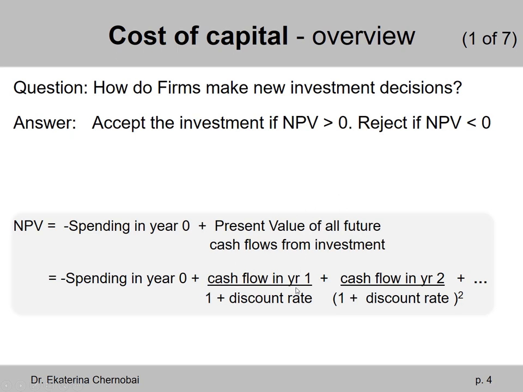It's cash flow in year 1 discounted, or mathematically divided by 1 plus the discount rate. Then we add cash flow in year 2 divided by 1 plus the discount rate squared, and so on. We keep adding additional discounted future cash flows estimated for this project.